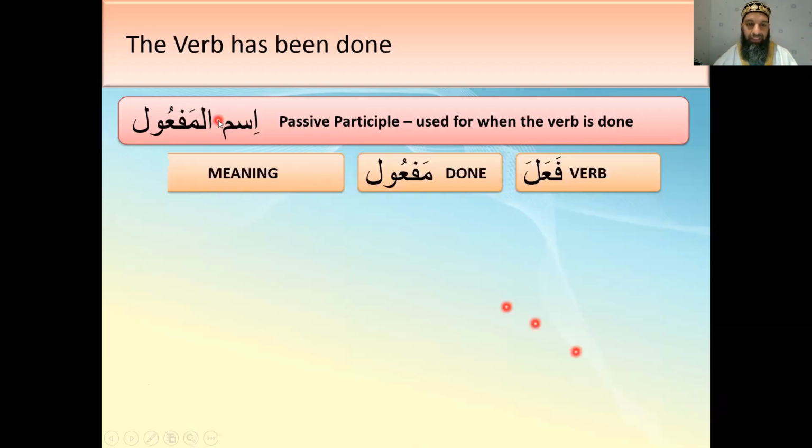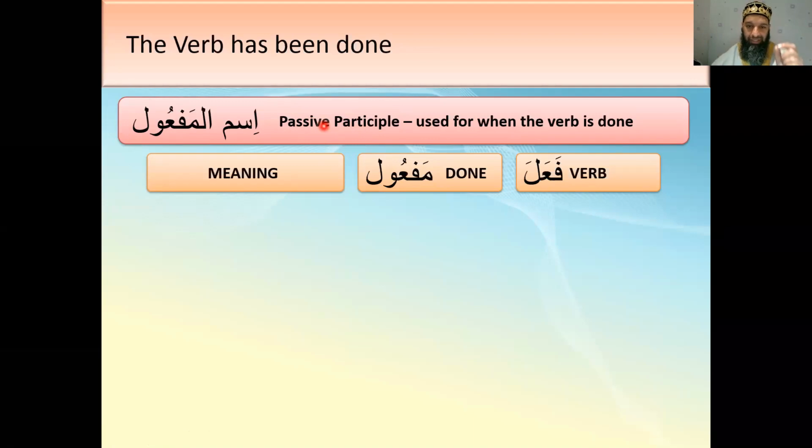So this next pattern is called ism al-maf'ul. In English, it's called the passive participle. If you've done English grammar and you understand passive participle, that's the intent. If you don't, then just remember ism maf'ul.